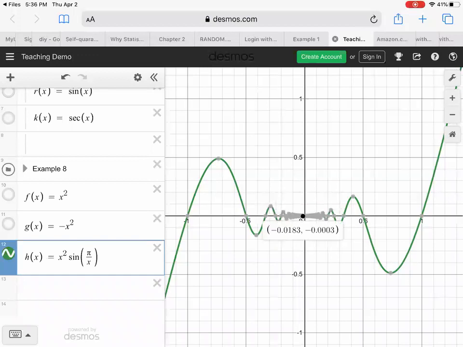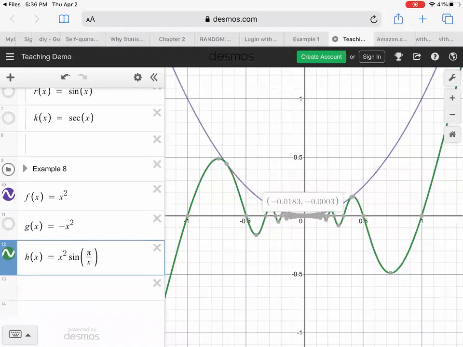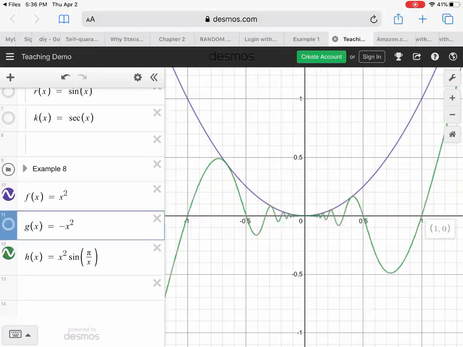Now, let's look at the function x squared. The function x squared is always greater than the green function in the interval from -1 to 1. From -1 to 1, the purple function is always greater than the green function. If you look at the function negative x squared, there's a blue graph right here.